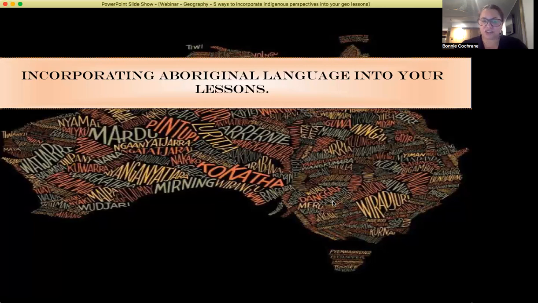So again, you could look at the local names, but then go that bit deeper and learn about the actual language name, the structure of the language word. If you have access to a local Aboriginal or Torres Strait Islander language resource, a dictionary would be handy, or just have a look on the language sites on the internet.